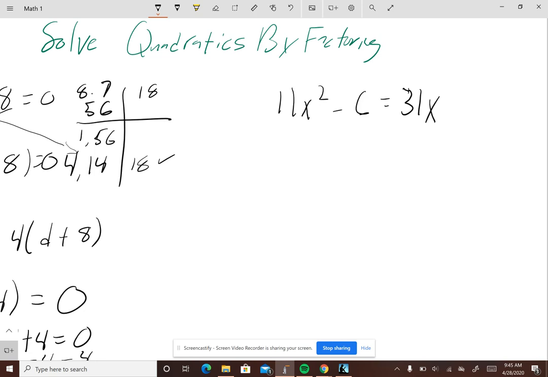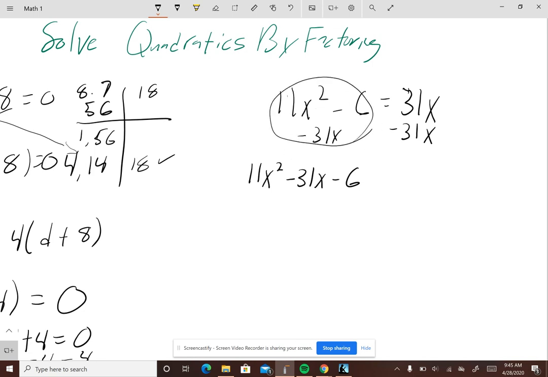If we want to get this set equal to 0, what do we need to do? Just subtract 31x from both sides. And you end up with 11x squared minus 31x minus 6. Because none of these terms would combine, you just write it out. Equals, and on this side, those cancel, equals 0. Well, now we've got something that we can factor.